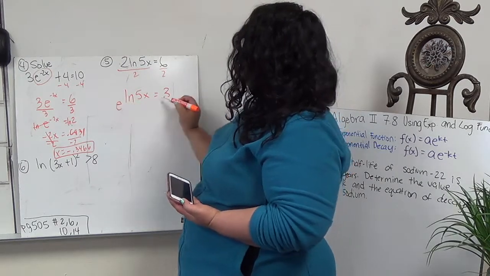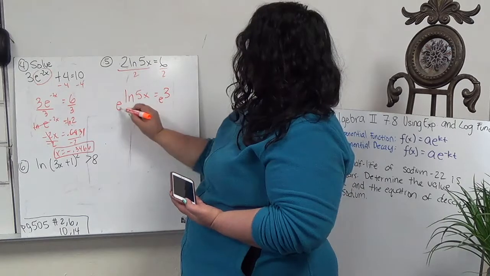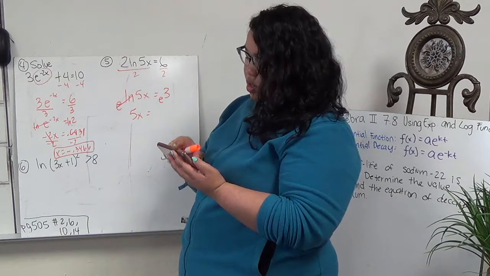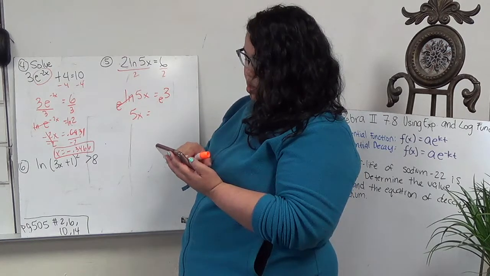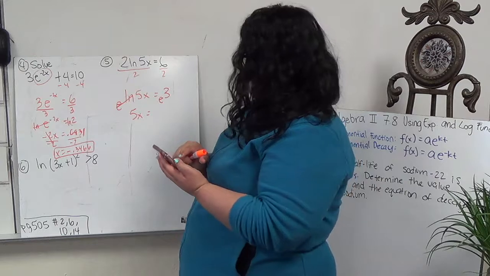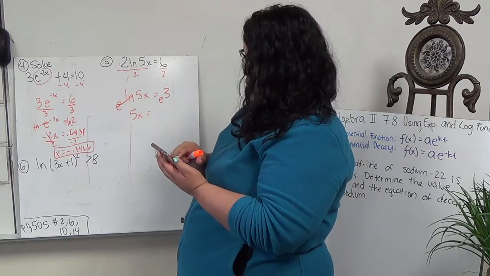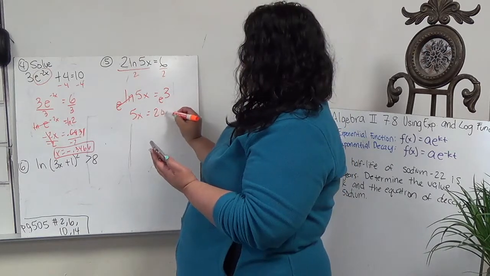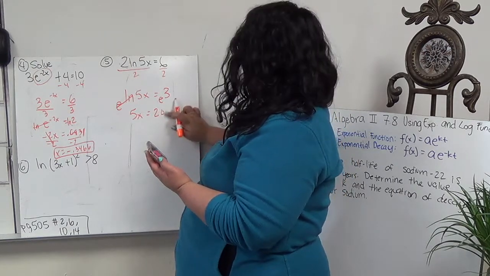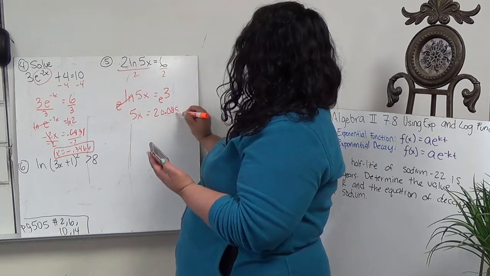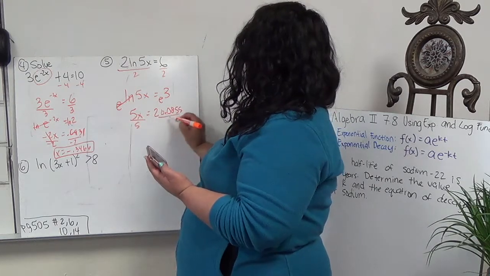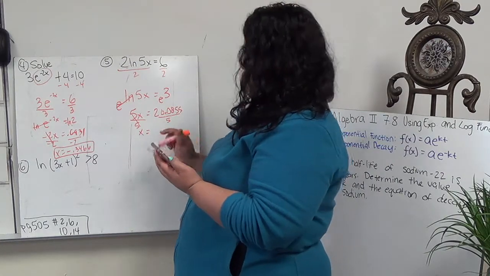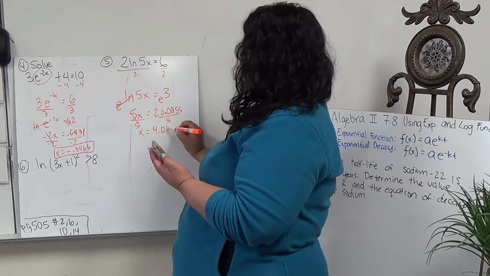And then I'm going to base e both. This cancels out, giving me 5x equals e to the 3rd, which is 20.0855. Then divide both sides by 5. I end up with x equals 4.0171.